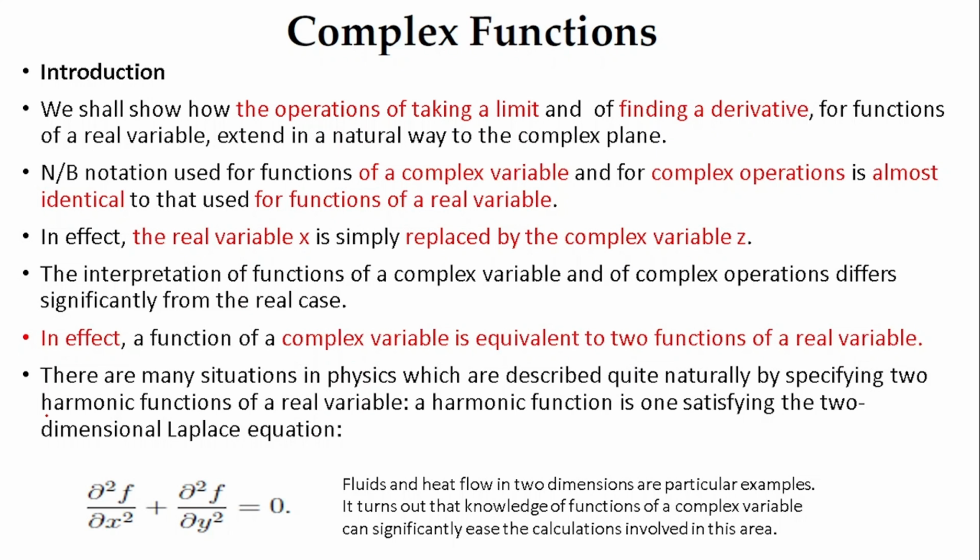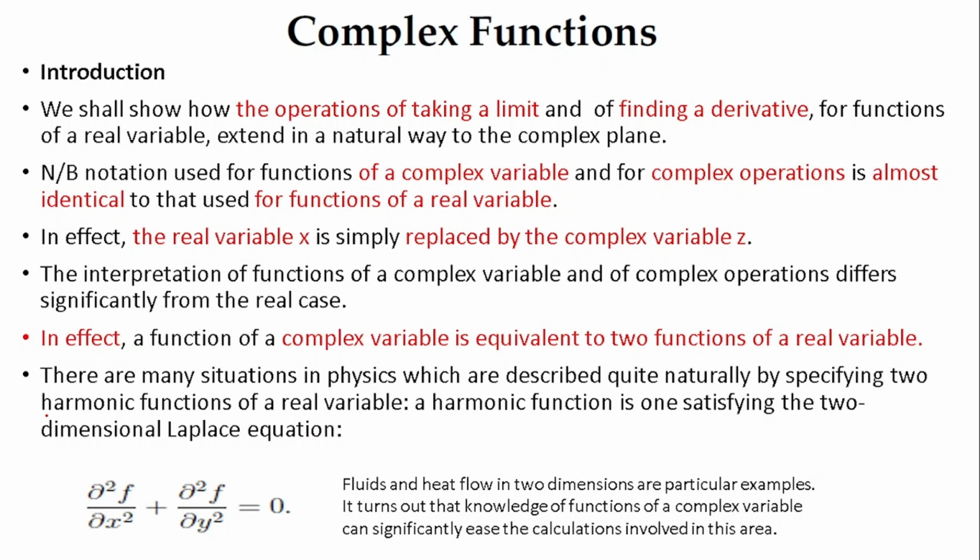Now, the interpretation of a function which has a complex variable and also has a complex operation is very, very different from the real case. Okay? The way we carry out the interpretation of the operation is not the same.